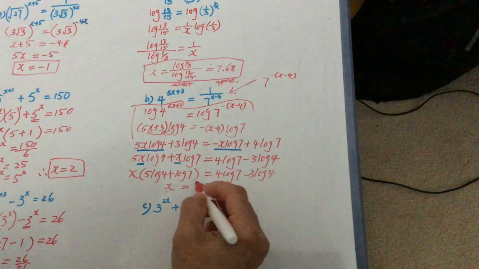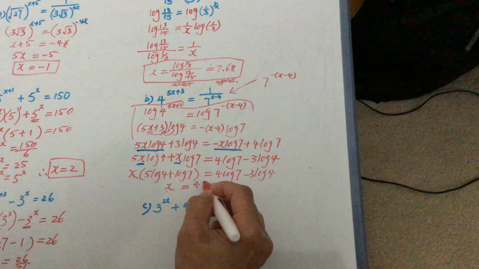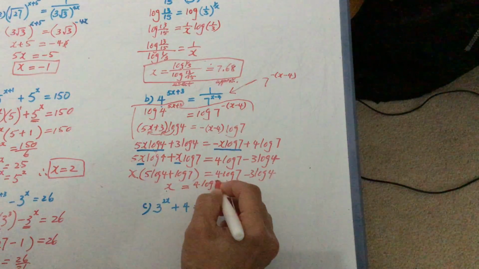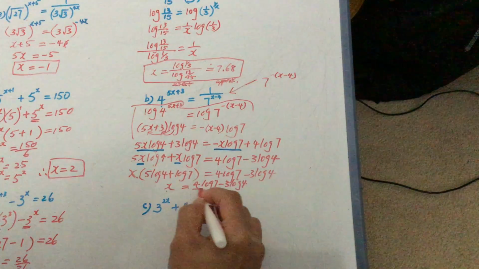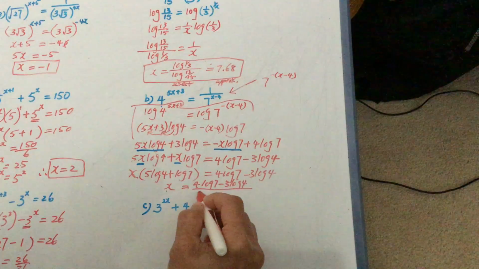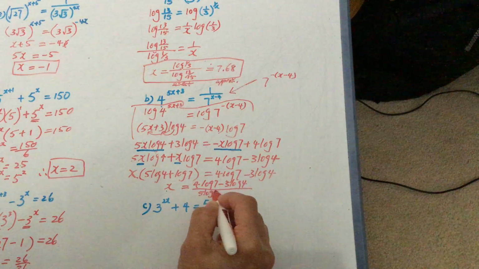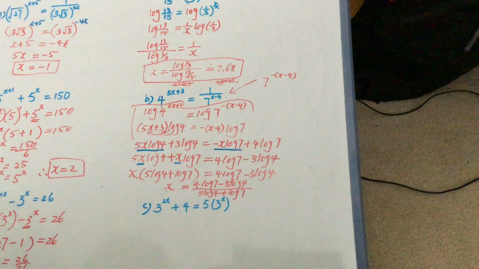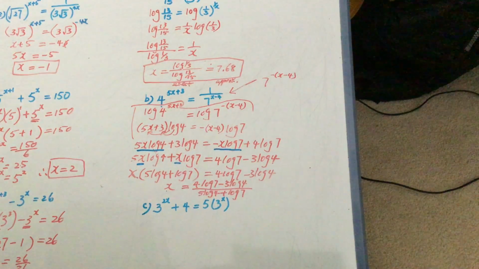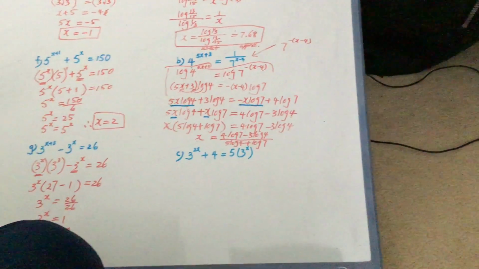So x is equal to everything on the right hand side: 4 log 7 minus 3 log 4, divided by 5 log 4 plus log 7. I hope you can see that clearly.